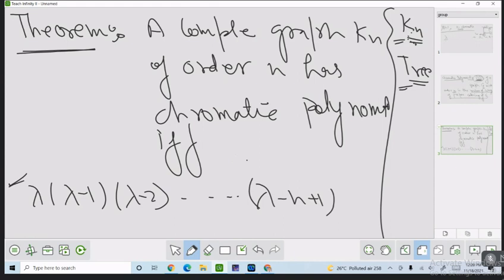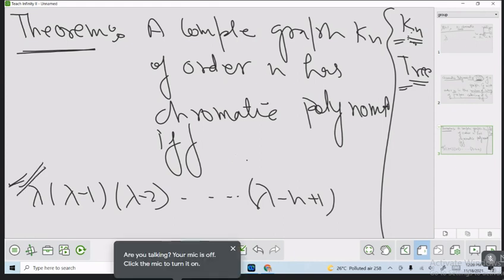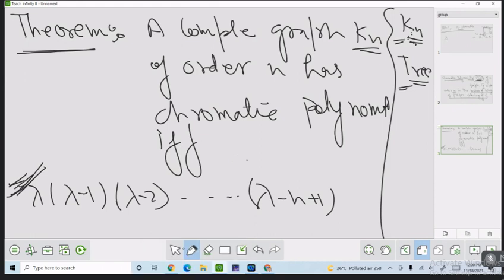If the graph is complete, then this is the chromatic polynomial of K_n. Means K_n has a chromatic polynomial like this one.